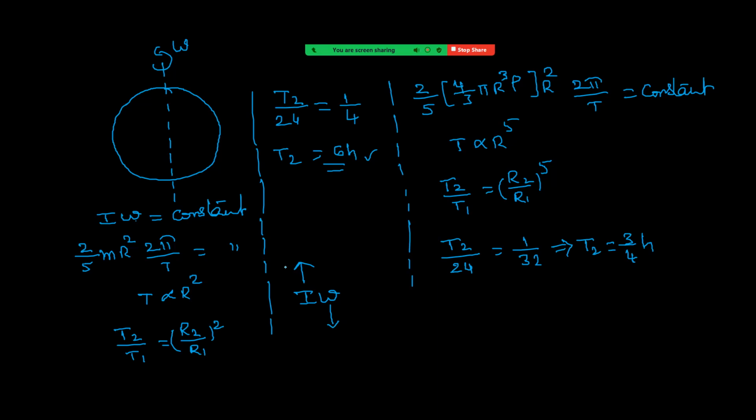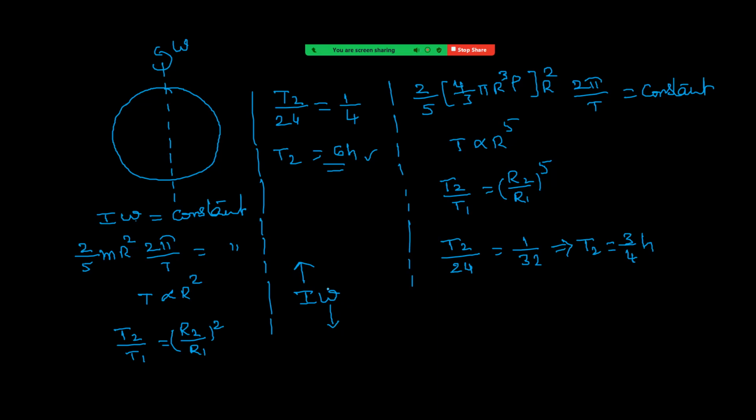Okay. If polar ice caps melt, what happens to the time period of rotation? That will increase. Because I value increased, omega has to decrease because I omega is a constant. Omega decreasing means 2 pi by T is decreasing, means T is increasing.